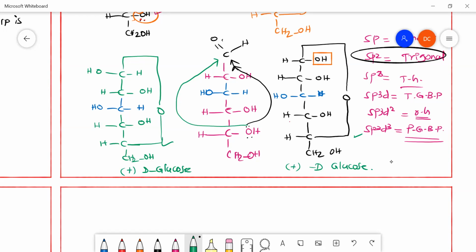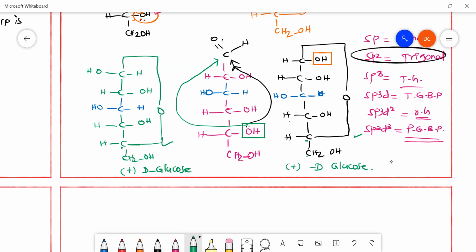Because if the OH group is present on the left side, then it is called L glucose. Which carbon? From the bottom, the second carbon. If the OH group is present on the left side, then it's called L glucose. But here in both cases it is D glucose only. D glucose. Okay. And what do plus and minus say?